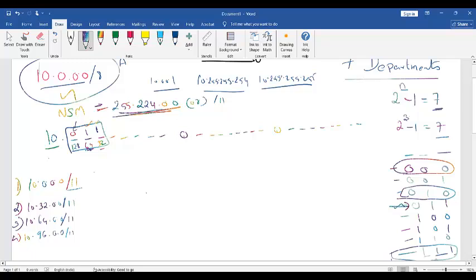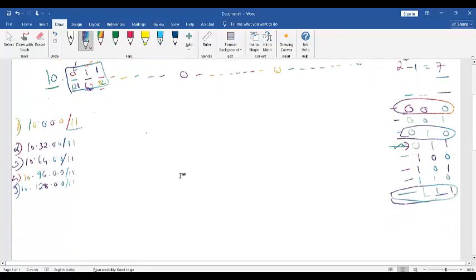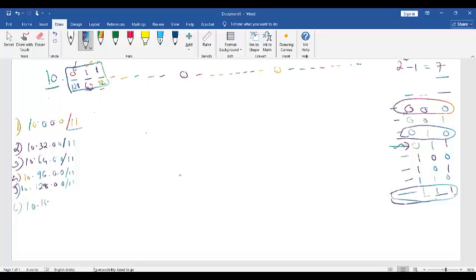I can tell you the next one. Next one will be 100, which means 128. 10.128.0.0/11. And next will be 160. 10.160.0.0/11.